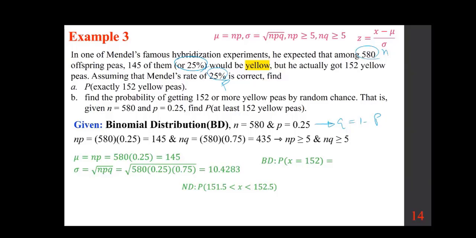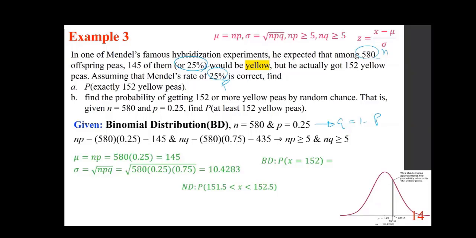And to go to SND, standard normal distribution, you have to calculate the z-score. To calculate the z-score, x minus mu divided by sigma, and we have already calculated mu and sigma. We plug it into the formula.